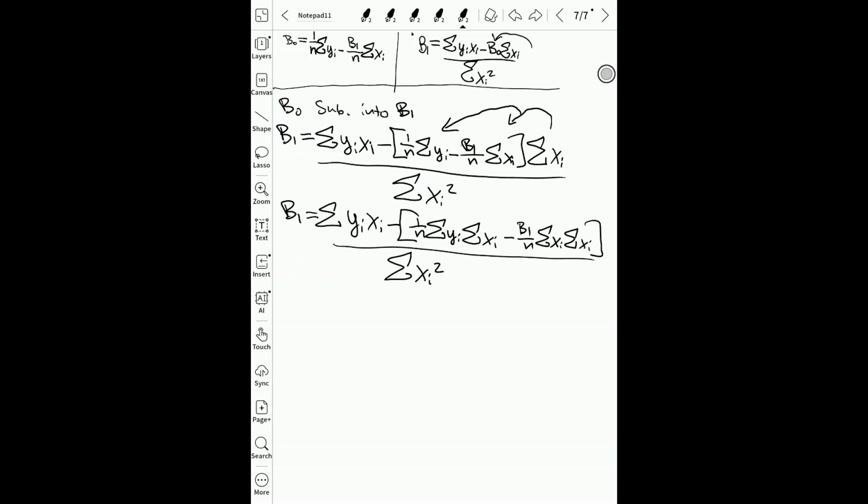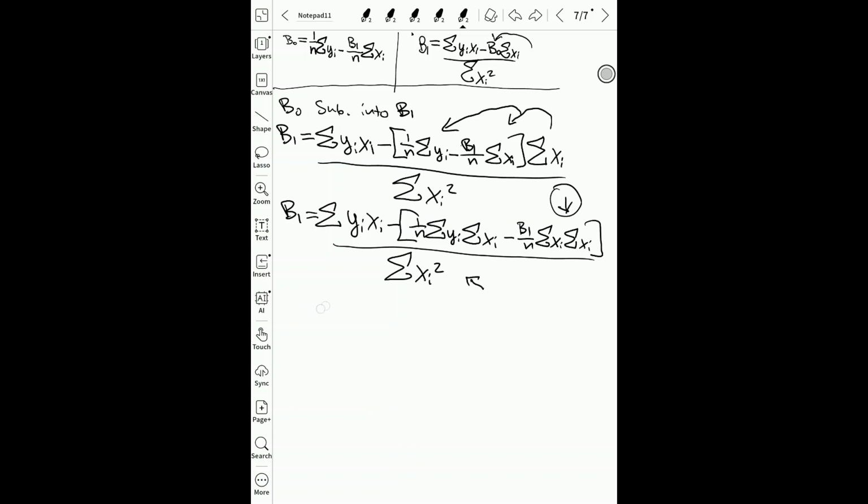As we start to organize our terms here, we can see that this term is the sum of xi multiplied by the sum of xi, which of course is the sum of xi, squared. And just to be clear, the sum of xi, that whole thing squared, is not the same thing as the sum of the squared xi's. So I'll go ahead and write this out.